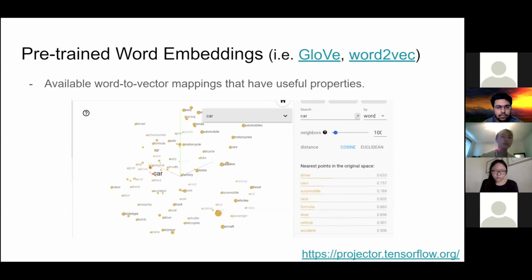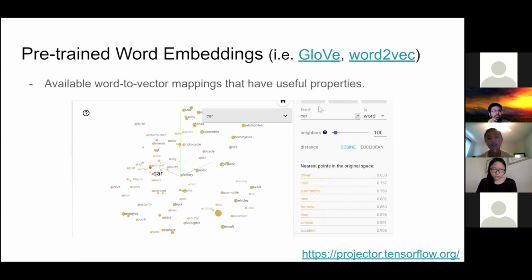And so what you're doing with word embeddings is that you're taking a word and projecting it into a high dimensional space. These word embeddings end up having special properties. If you go to projector.tensorflow.org, you can see a very good visualization of Word2Vec specifically. Here I've searched for the embedding vector that represents car.